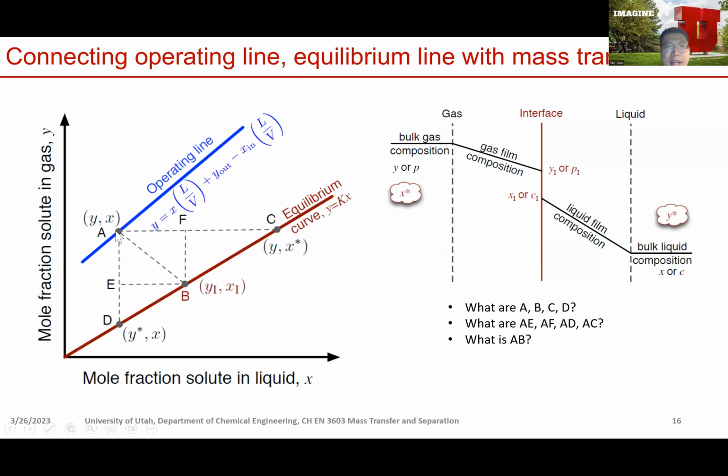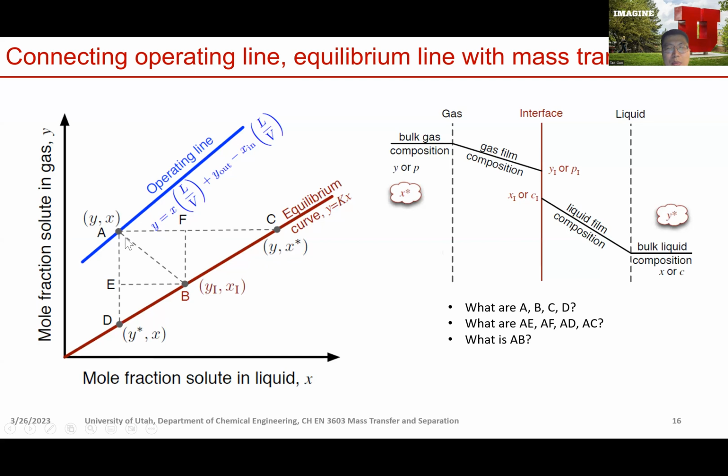And AC equals X star minus X. That is the overall mass transfer driving force across both the liquid and the gas phase if you use a liquid phase overall mass transfer coefficient. When you use X star minus X as a driving force, the overall mass transfer coefficient will be different from when you use Y minus Y star as the driving force.